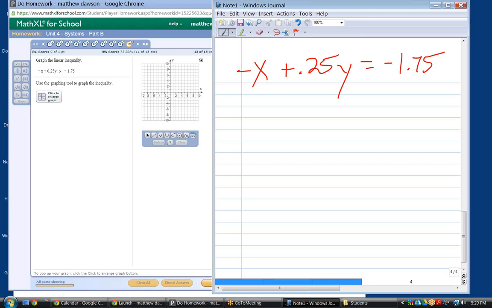Let's do that. Let's solve this for y. That's usually what you do when putting it into y equals mx plus b format. What's the first thing I need to do to solve this for y?